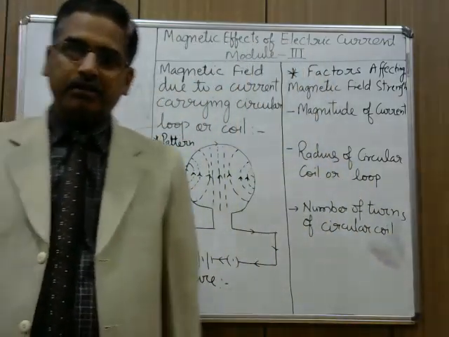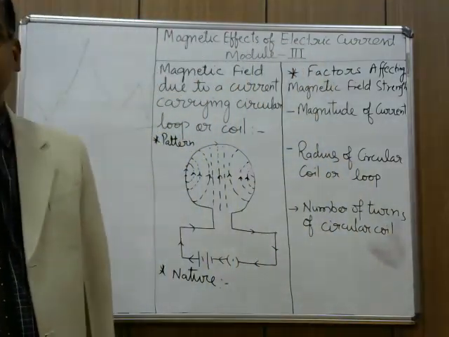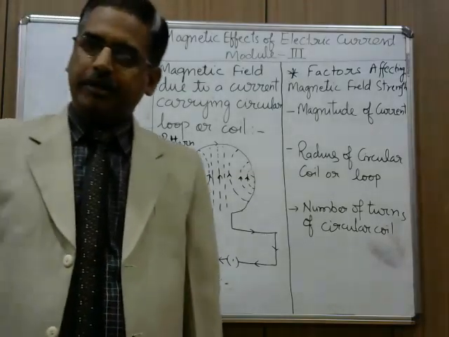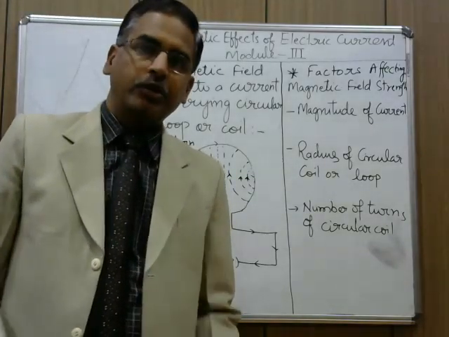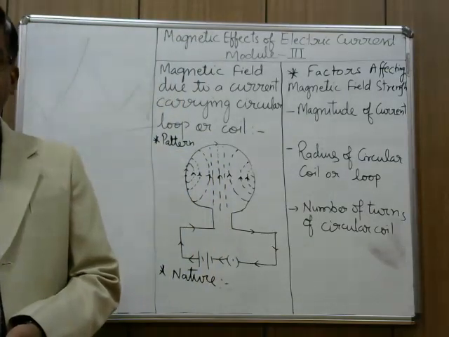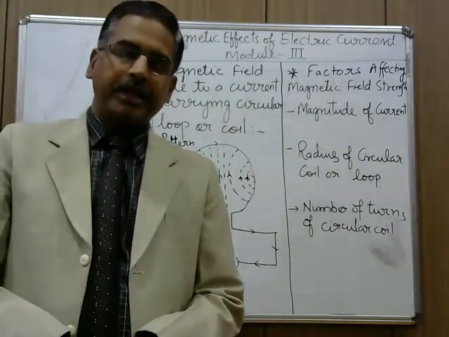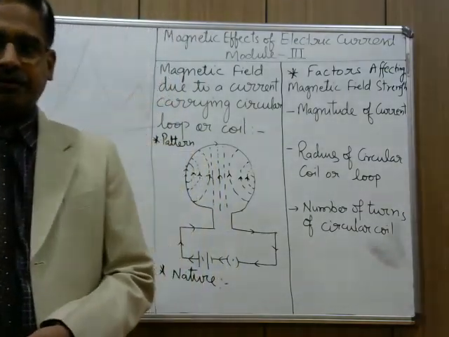On these three factors, the magnetic field produced by a circular loop depends. Now the question is, how does the magnetic field depend on these factors?